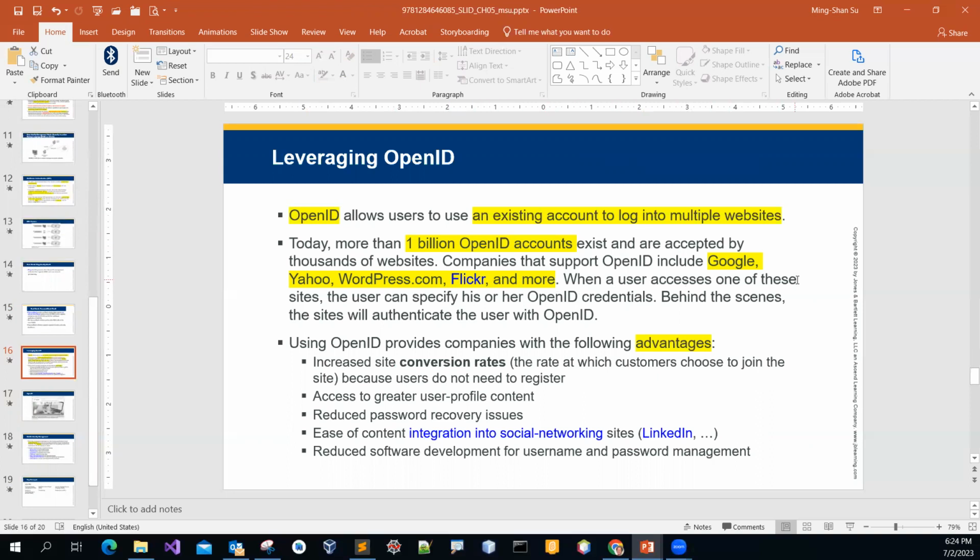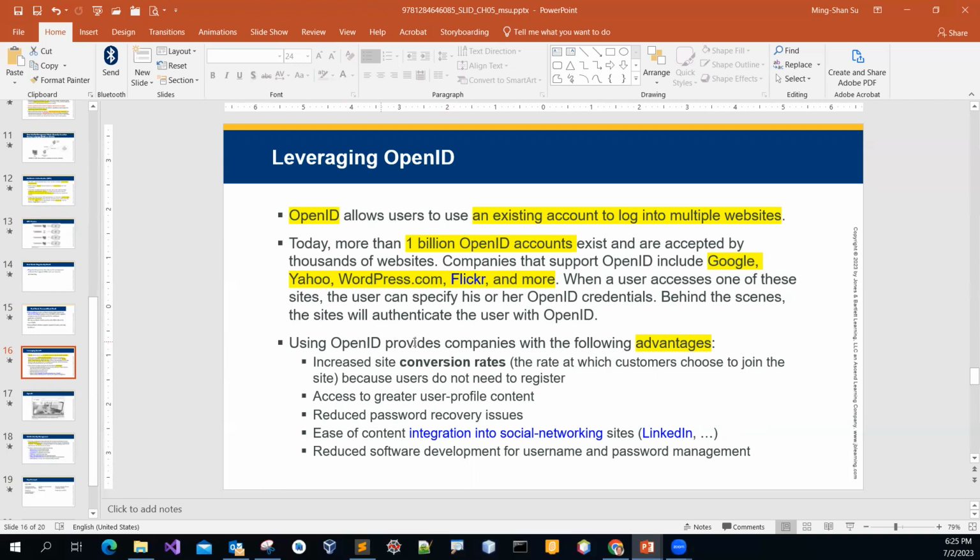When the user accesses one of those sites, the user can specify his or her OpenID credential, and behind the scenes, the site will authenticate the user with OpenID. For me, I hadn't created an account with the OpenID website yet.